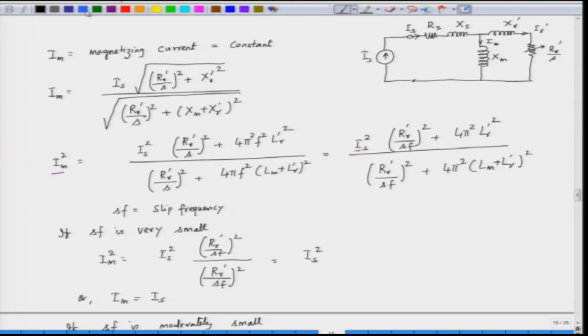This quantity can be neglected, this is 0, and if Sf is moderately small, but still we have some value of Sf, it is not very small. So, this quantity still dominates, so this part can be neglected. So, if we neglect the denominator 4 pi square Lr square, and in the numerator we can neglect Rr prime by Sf approximately, what we get is the following.